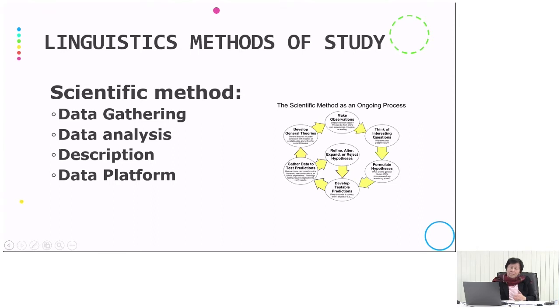Actually, when we talk about scientific method, we imply research, because when you do research, we have to use scientific method. When you do research, for example, if you are going to work on your dissertation or your thesis, you have to collect data first.